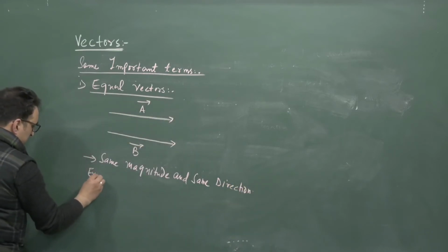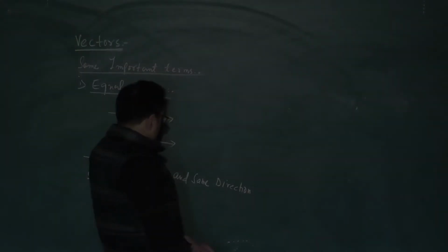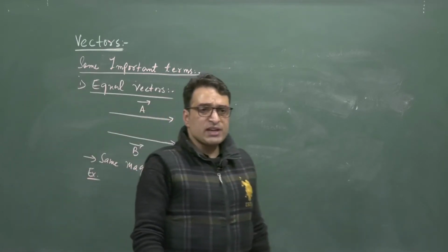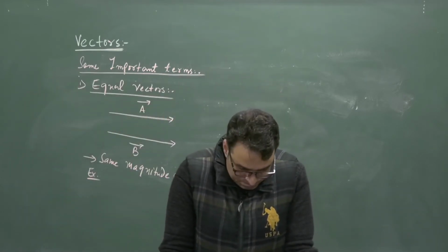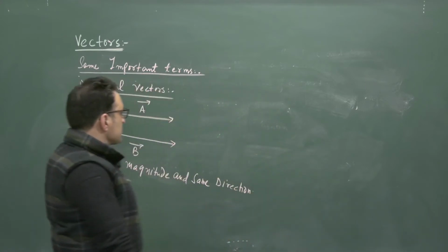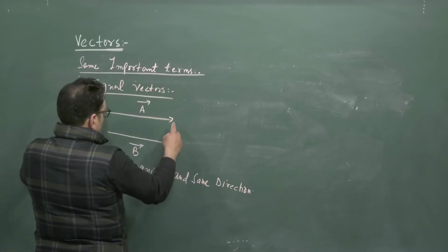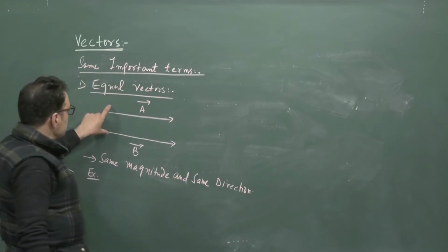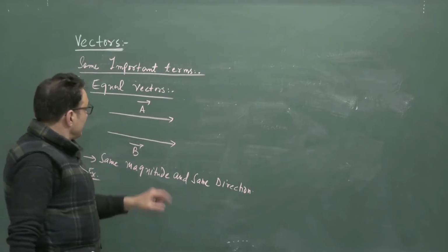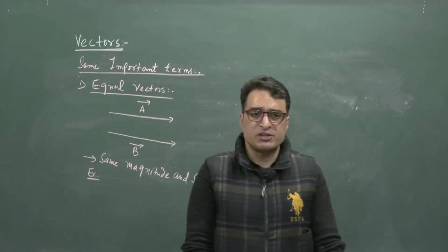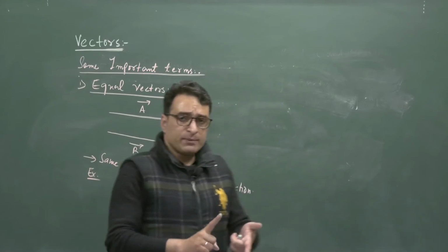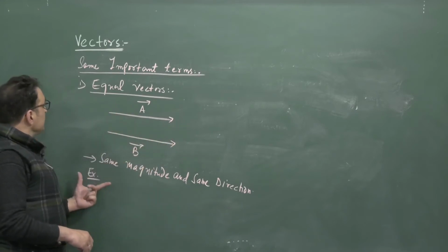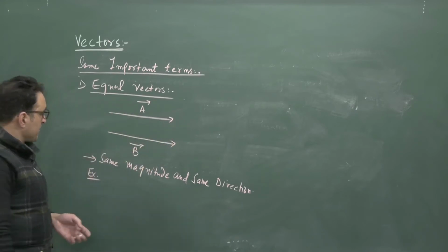For example, the two boys are moving along a same straight line, or we can say that the two boys are moving due north, and both the boys have covered the same distance or displacement, that is 2 meters. Magnitude is same and both the boys are moving due north. Therefore, that can be taken as the example of the equal vectors.